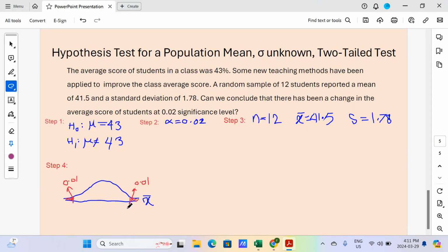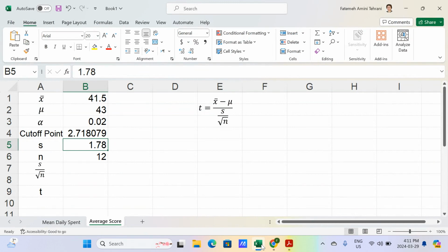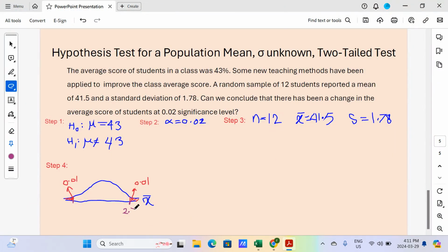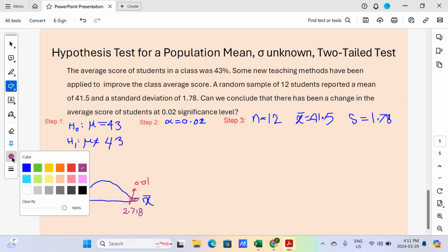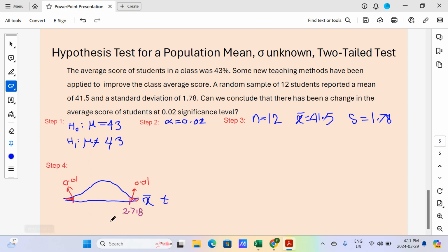So the cutoff point on the right side is 2.718, if we round to 3 decimals. We have another cutoff point. Look at here. Now we are working with the t distribution. The t distribution is zero centered. In the middle, I have 0.